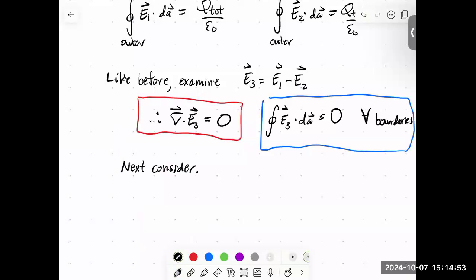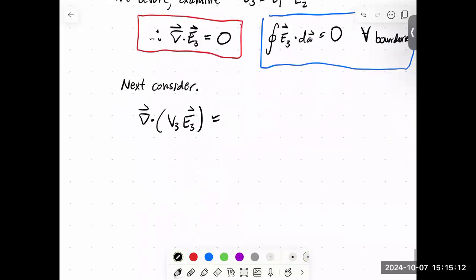So next, consider the divergence of the product of the potential and E3. It's not obvious why we want to do this, but we're going to apply product rule number 5.